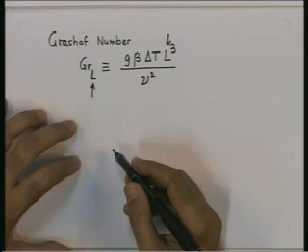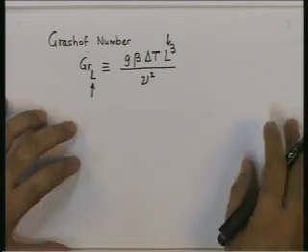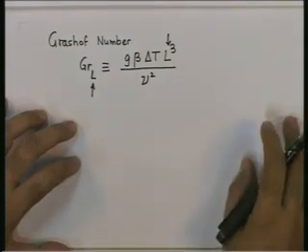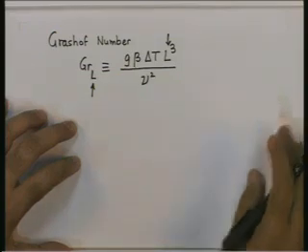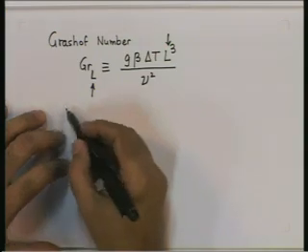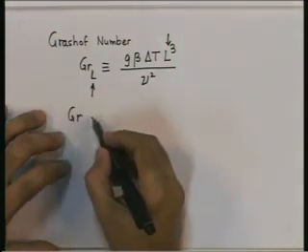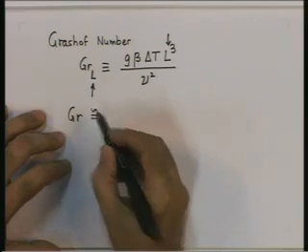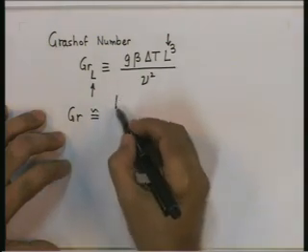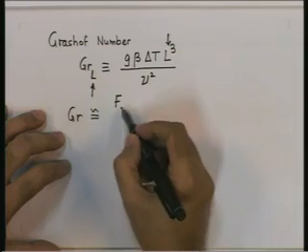Just the way we have appreciated the significance of Reynolds number as a ratio of inertia forces to viscous forces, if you expand the Grashof number, it can be shown that the Grashof number represents the ratio of forces which are like this.